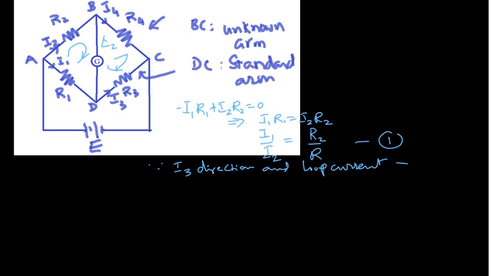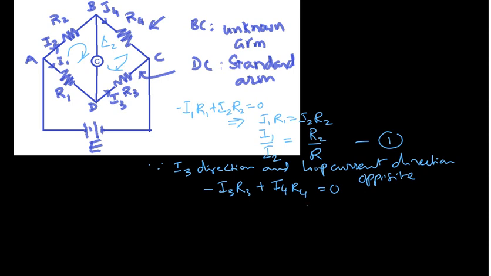We'll get minus I3 R3 plus I4 R4 equal to 0. Like in the last case, we will get I3 R3 equal to I4 R4. Therefore I3 by I4 equal to R4 by R3.